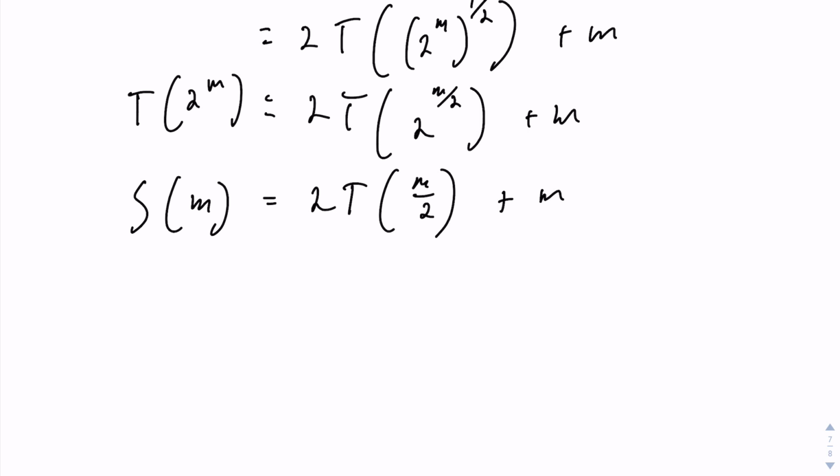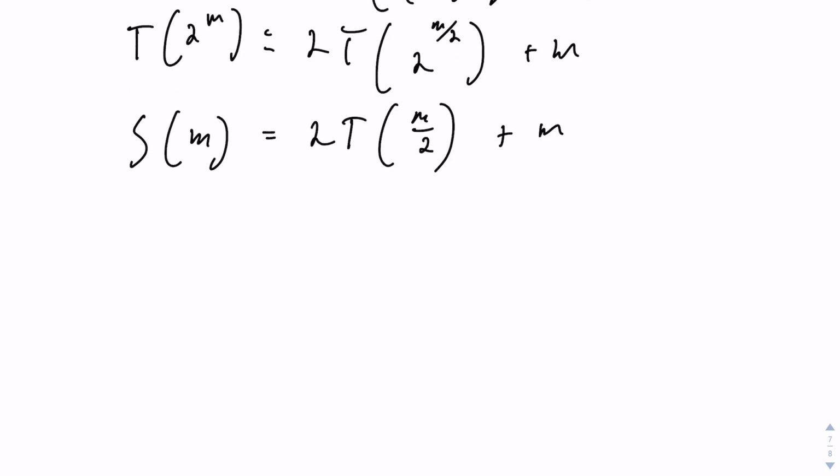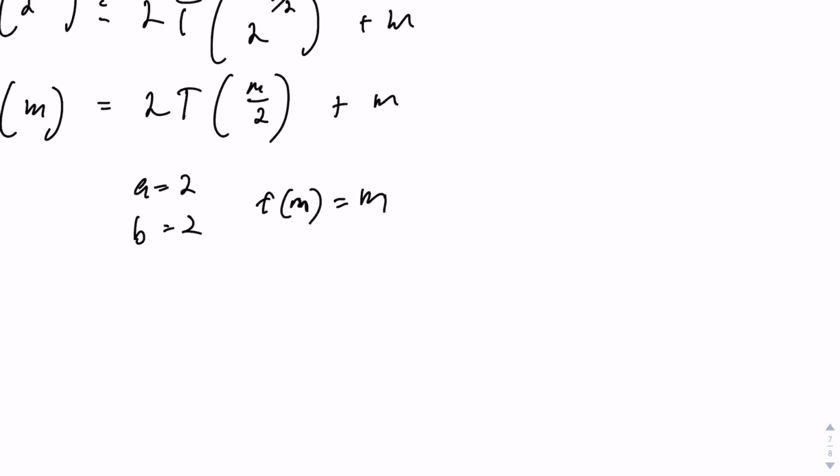But look, now that we've expressed the recurrence in terms of S and m, we have the master theorem form. So a is 2, b is 2, f of m is m. And I've done a lot of master theorem problems, so I can just tell you that this is m log m.